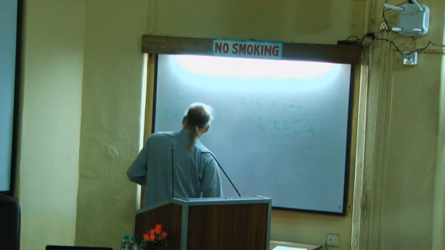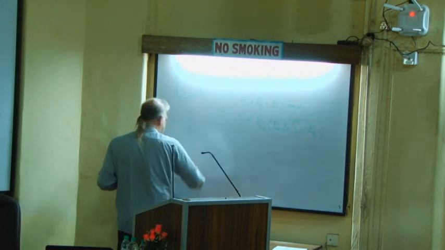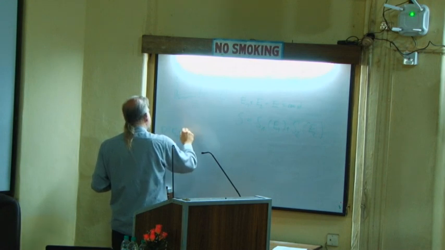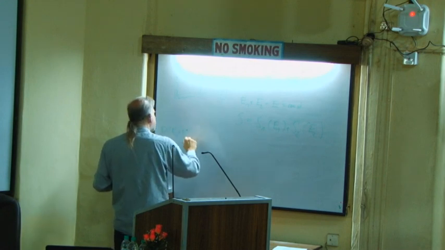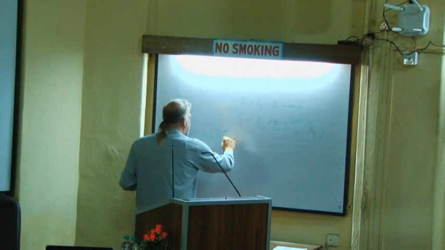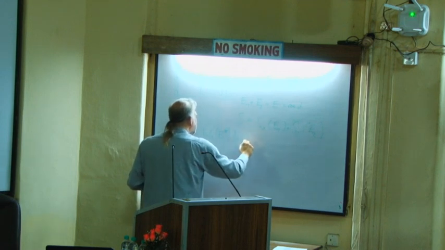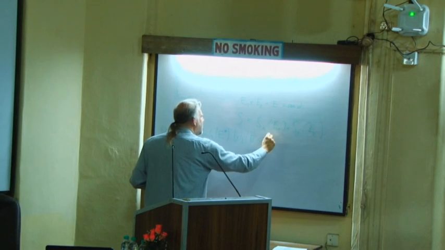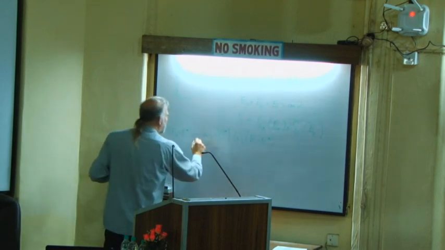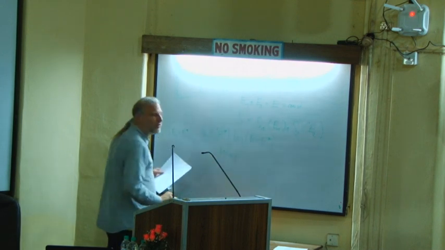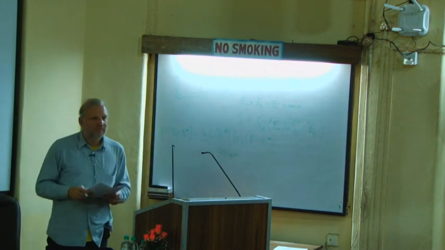I'll write it a little bit below. The probability of having E1 equal to some particular value is equal to the number of microstates of that particular energy times the number of microstates of the other system with E minus E star, divided by the total number of microstates of the combined system.